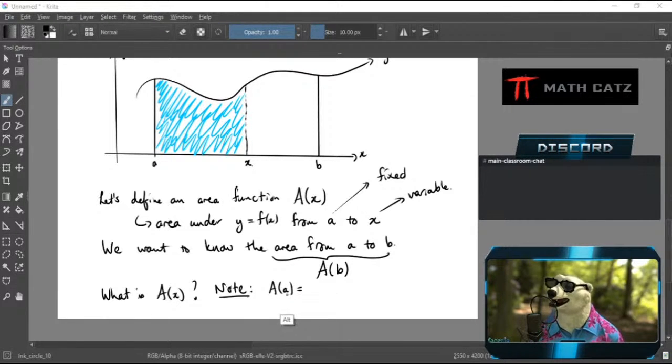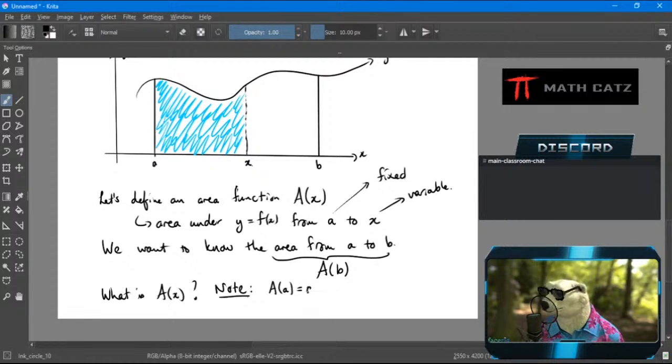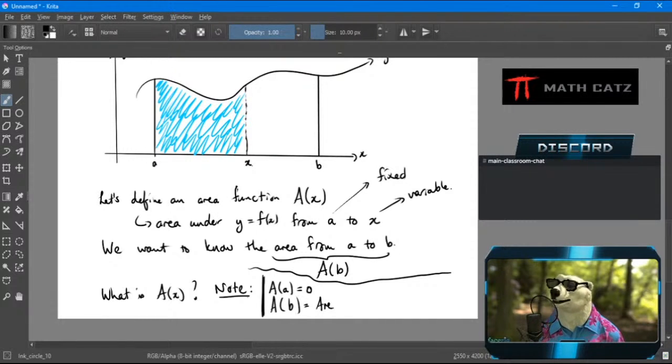If I plug in little a, then my left boundary and my right boundary sit right on top of each other, and I get no area whatsoever. And like we've said, if I plug in B, that is the area that we want.